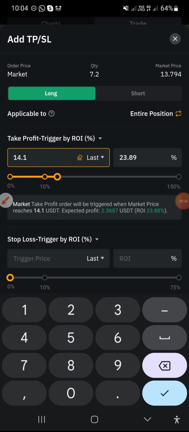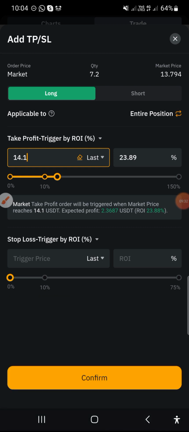With $10, it simply means you are getting 23% of that amount, which is $2.3 profit. Now imagine you are trading with $100, or $1,000, or $10,000, you make a whole lot of profit.